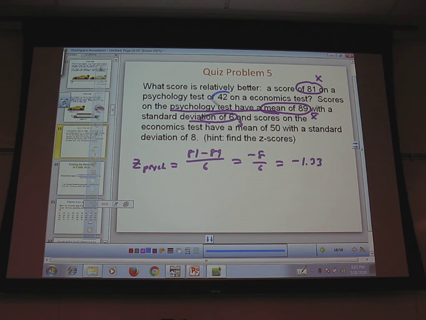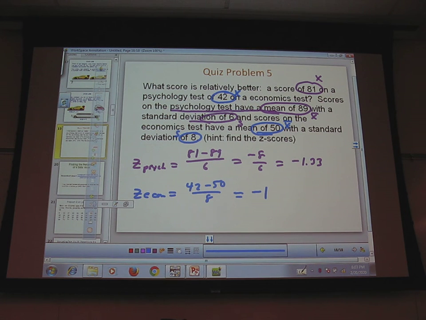So here, 42, that's my X, that's the score I care about. It has a mean of 50, that's my X bar, and a standard deviation of 8, that's my S. So my z-score for econ would be 42 minus 50 over 8, negative 1.